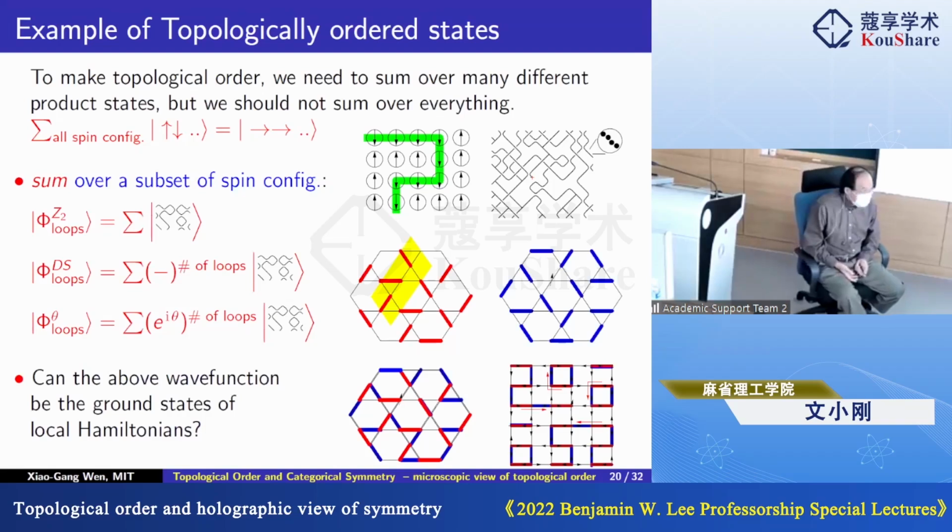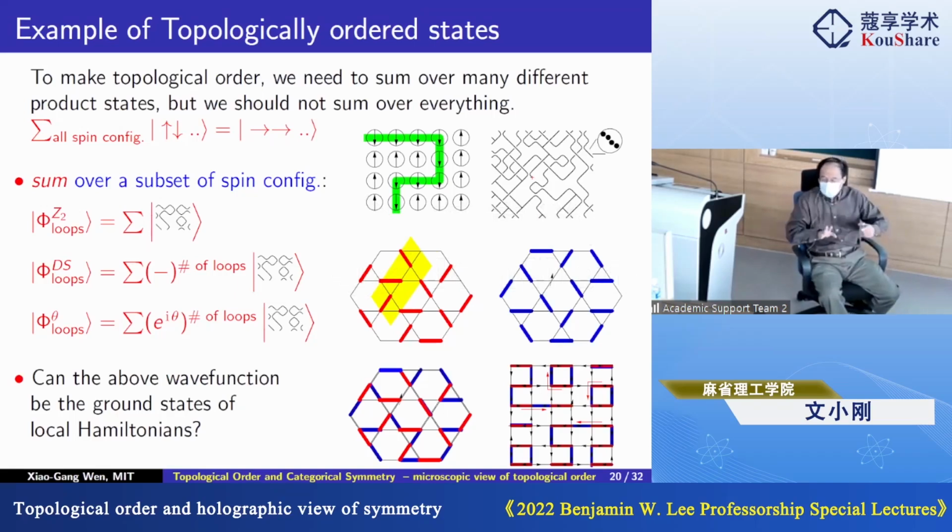One way to choose the subset is to include interactions such that spin-down states want to form closed loops, a string. You can imagine some interaction term which favors spin-down states that form a loop without end. A string end costs energy, but if there's no string end, it doesn't cost energy.